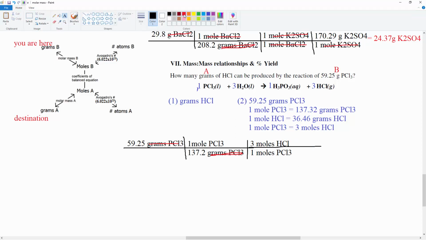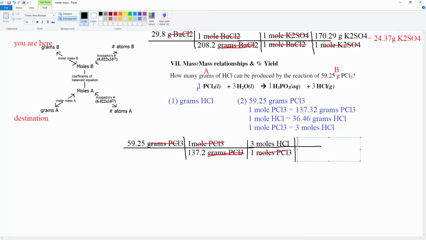So if moles of PCl3 cancel, I'm left with moles of HCl, which I said was A. So I am at moles of A. Perfect. Now to get to grams of A, I'm just going to use that molar mass. And we are at 36.46 grams HCl in every 1 mole of HCl.